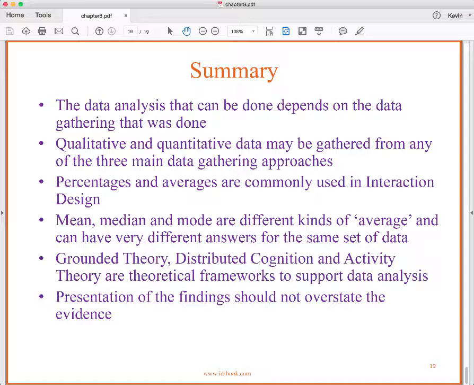And last but not least, the presentations of your findings should not overstate the evidence. If people would like to jump to conclusions that are greater than what your findings will support, well, that's fine. People do that all the time. They do that because information is limited and they live in an uncertain world, and to a certain extent they have to guess on things.